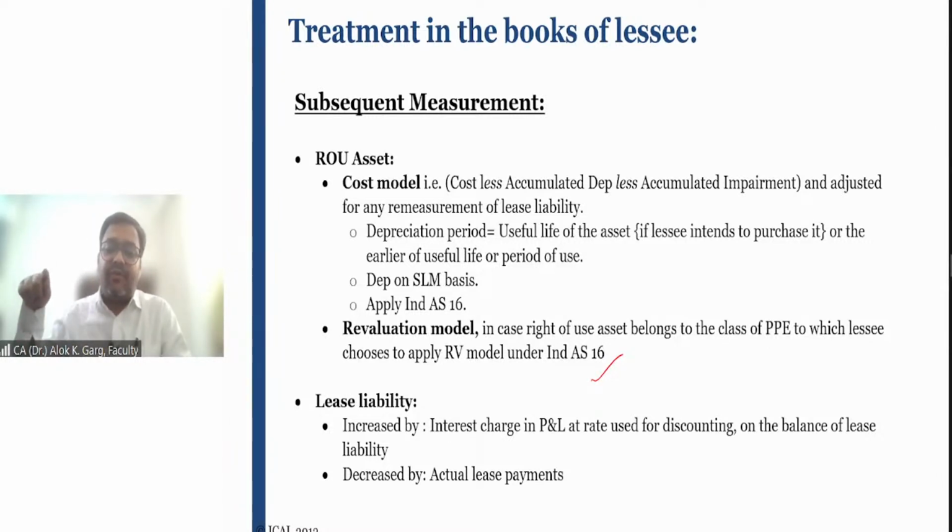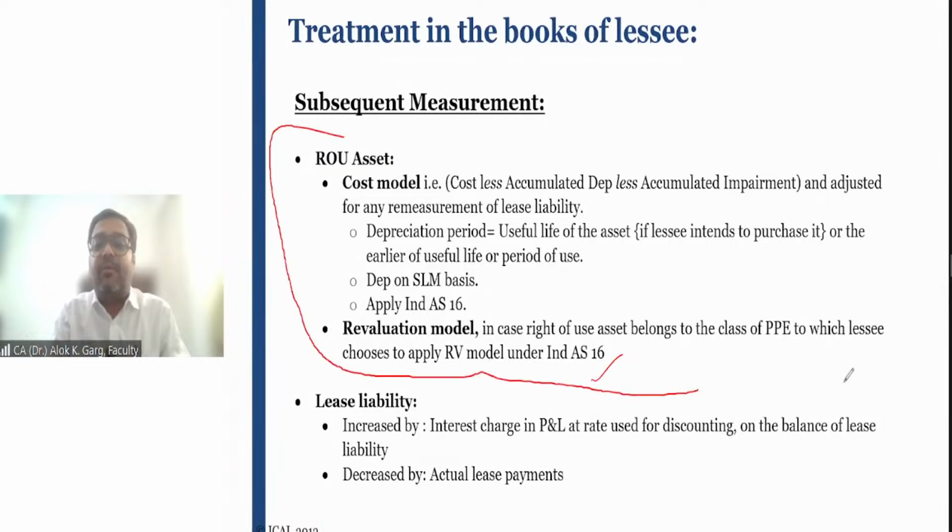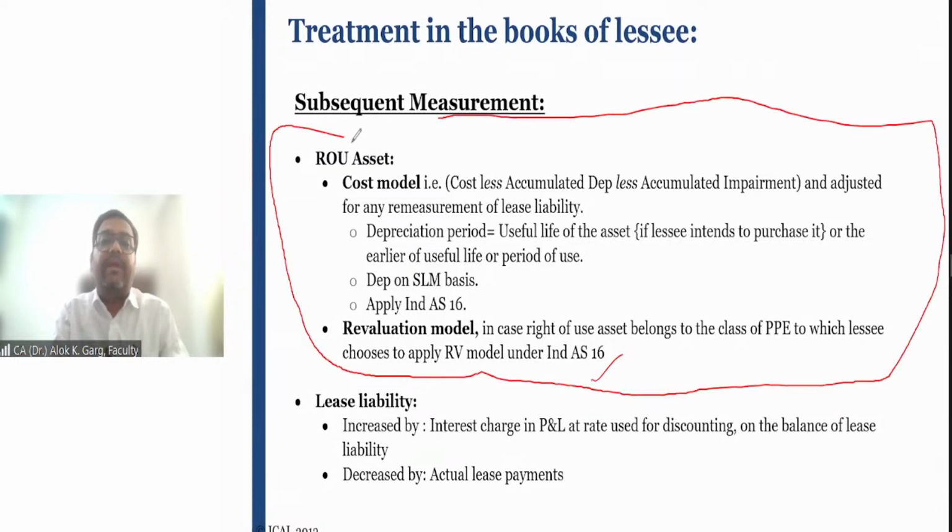When you read Ind AS 40, you will be doing a revision of Ind AS 16. Likewise, when you read Ind AS 116, particularly in this aspect of subsequent measurement, you will be doing a revision of Ind AS 16 property, plant, and equipment.